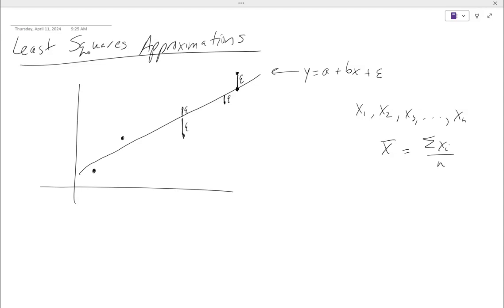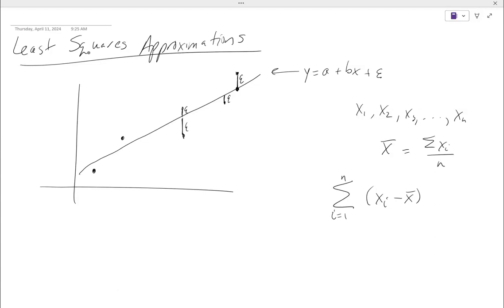Now consider all of the deviations from the mean. If I take the data point and subtract off the mean, that's a deviation. This is how far the data point is from the mean.